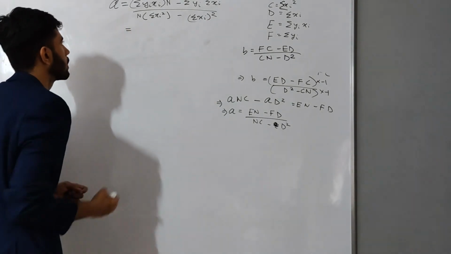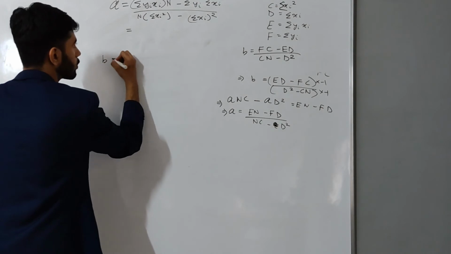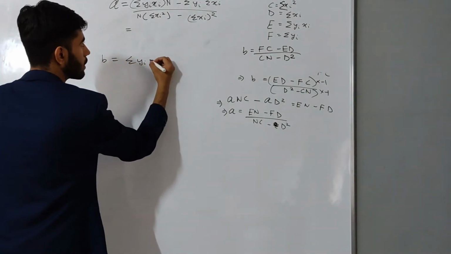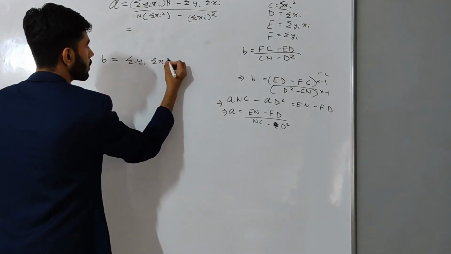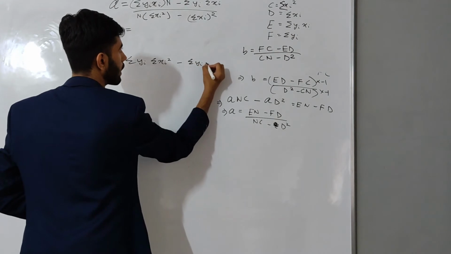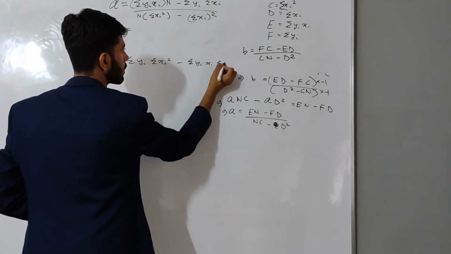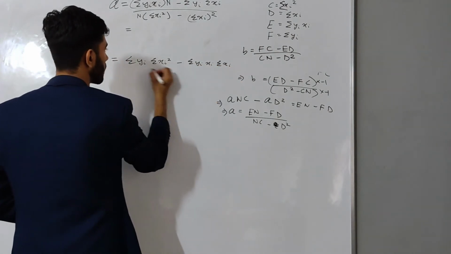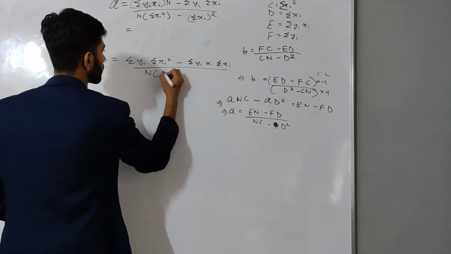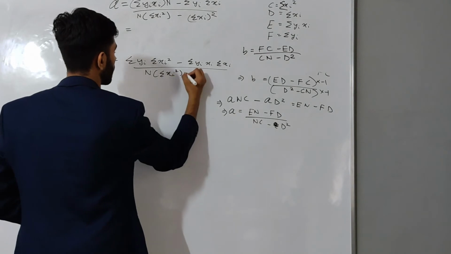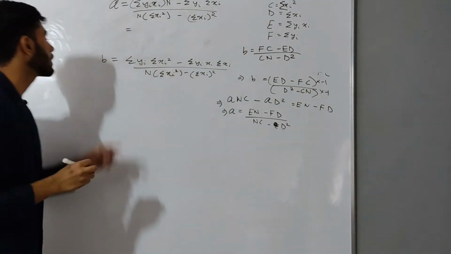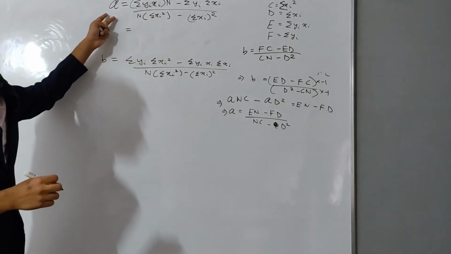And the value of b is going to be summation of yi summation of xi square minus summation of yi xi summation of xi, divided by n summation of xi square minus summation of xi whole square. So these are the values of a and b.